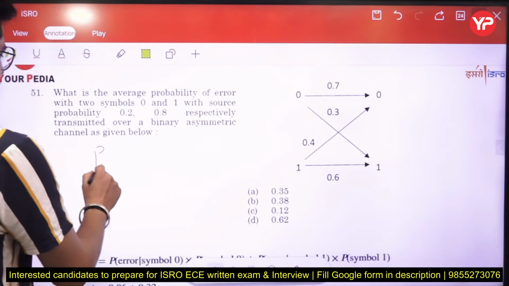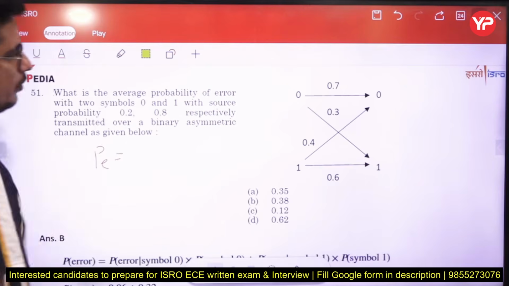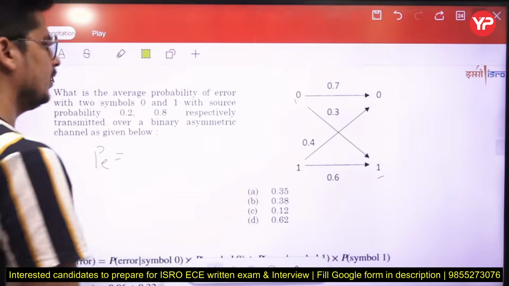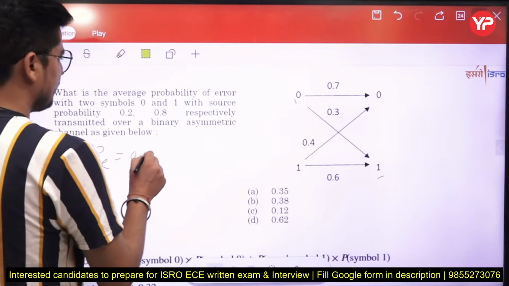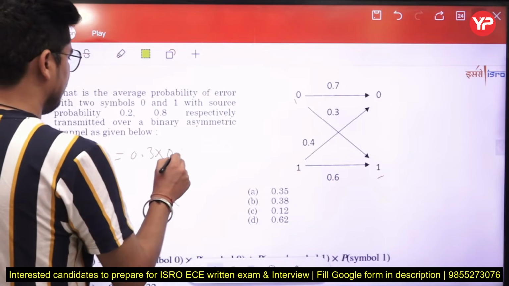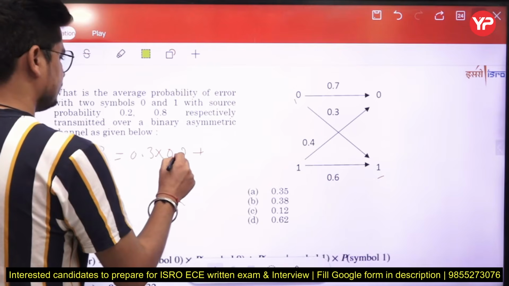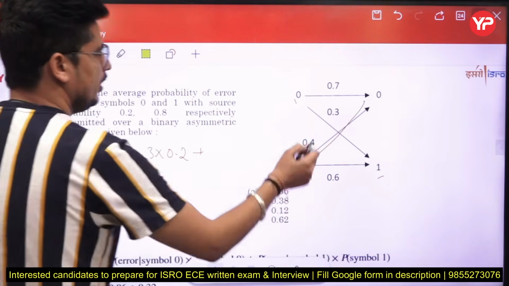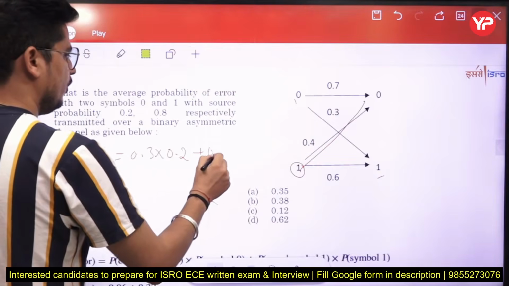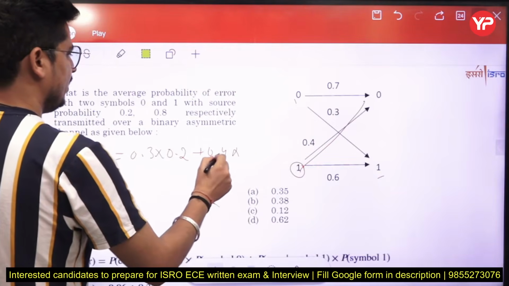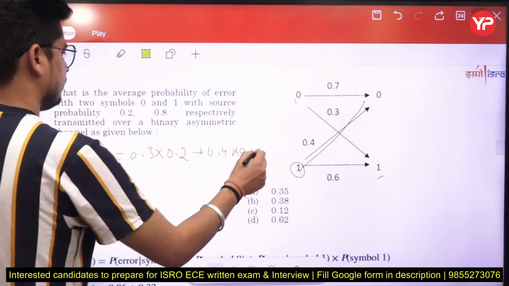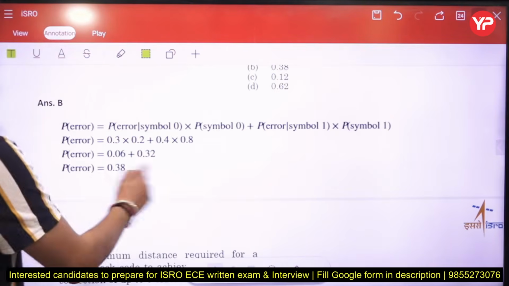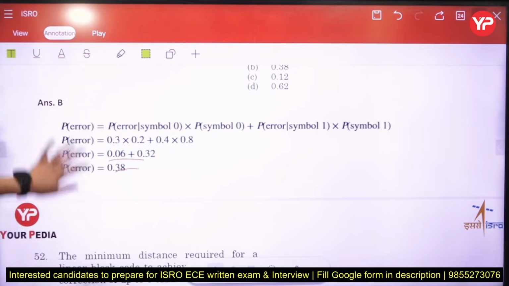It is whenever you send a 0 signal and receive a 1 signal, that means 0.3 multiplied by the probability of sending 0, plus when you send the 1 but receive the 0, that will be 0.4 multiplied by the probability of sending 1, 0.8. When you multiply this, you will get 0.38.